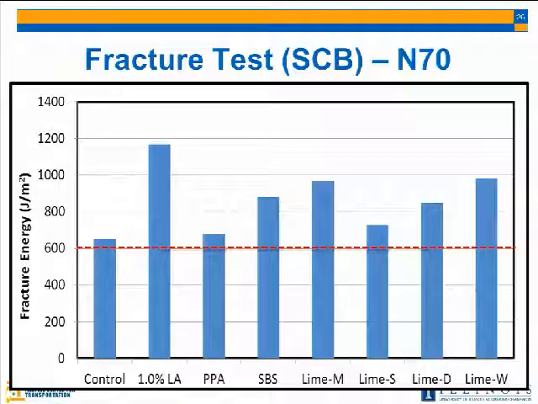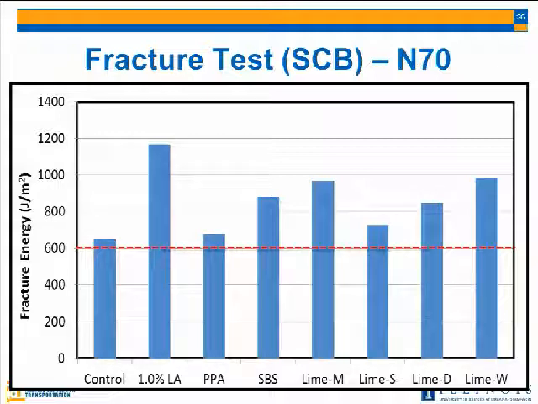And here are the results for all the N70 mixes. After the detailed discussion and looking at different studies, we came up with a threshold of 600 joules per meter square. And as we can see, when compared to control, all of the additives and modifiers, when added, increased or not significantly increased the fracture energy.